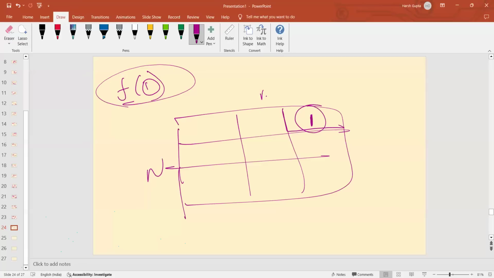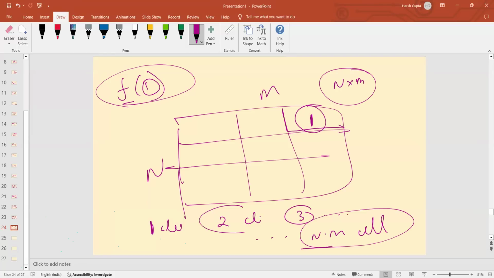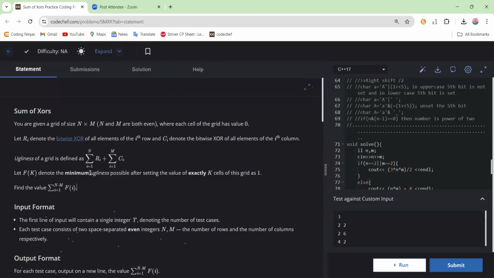If there are n rows and m columns, there are n multiplied by m cells. So you set one cell as 1, two cells as 1, three cells as 1, up till n multiplied by m cells as 1. So in all those, what was the ugliness value that you got? You need to simply sum those up and output the answer. So that's the question for you all.